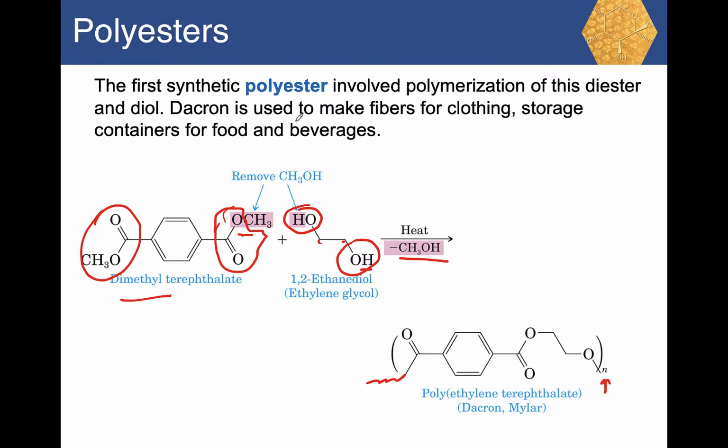This is called polyester, and it's another type of fabric that's used in clothing and storage material. Depending on how many mers are here, how long this polymer chain is gives different properties to these polymers.